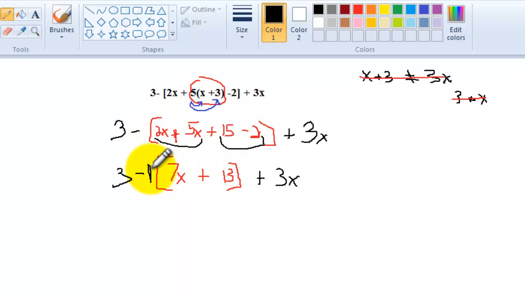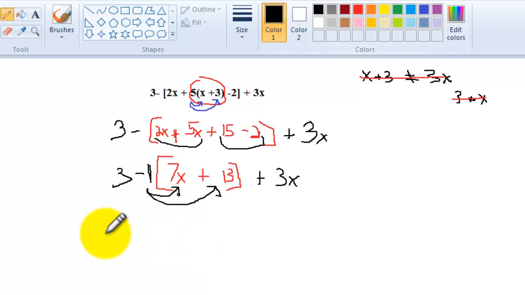So it's okay to switch these to parentheses, although you can leave it as brackets as well. It doesn't change anything. So with this -1, or with a minus in front of the bracket, it's easy to distribute a -1 over what's inside the bracket to keep track of your integers.